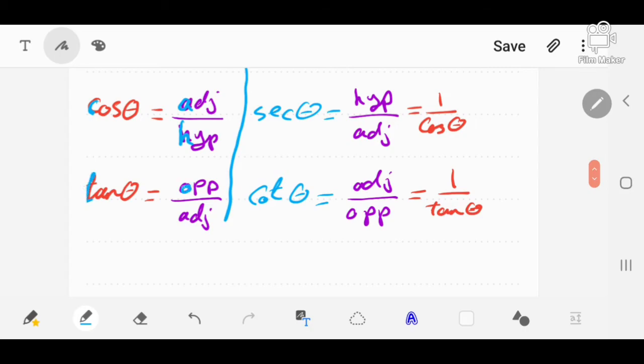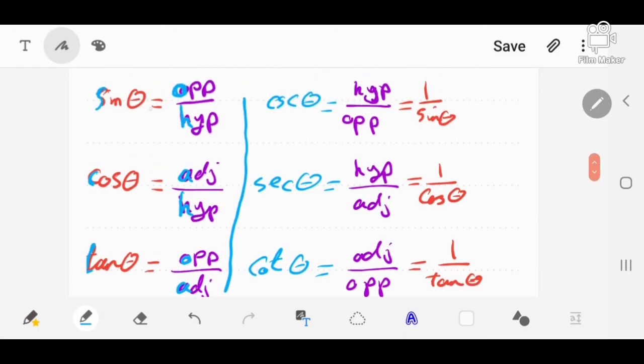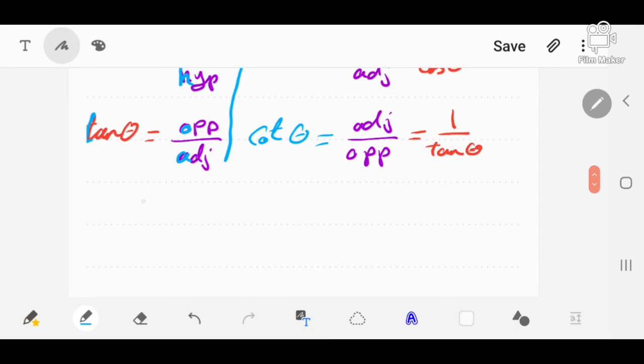So Ka, TOA. You can use that to remember. So sine, opposite, hypotenuse, cosine, adjacent, hypotenuse, tan, opposite, adjacent. So Ka, TOA. This is an easy way to remember them.